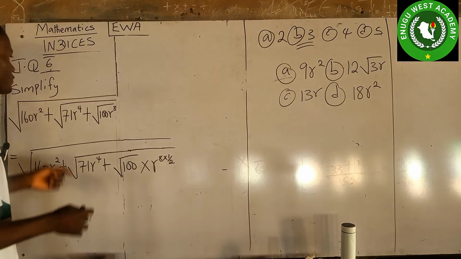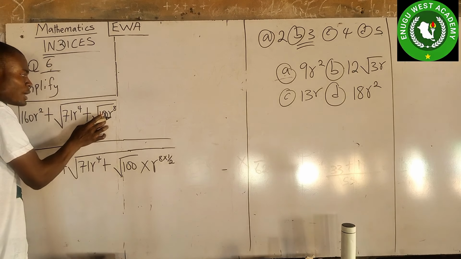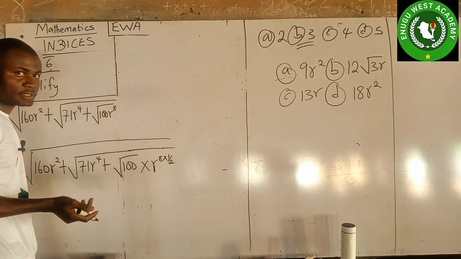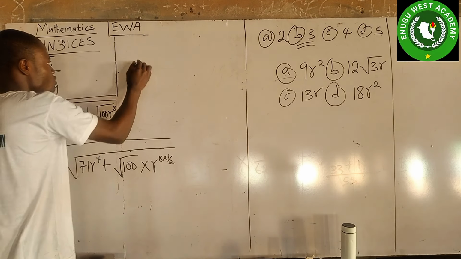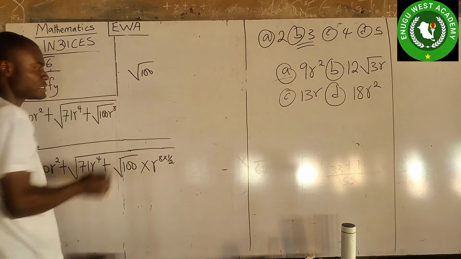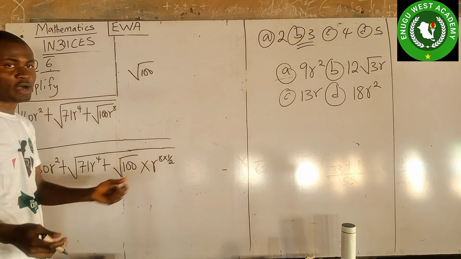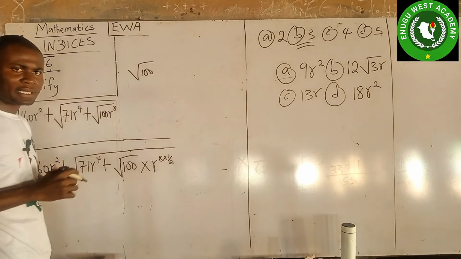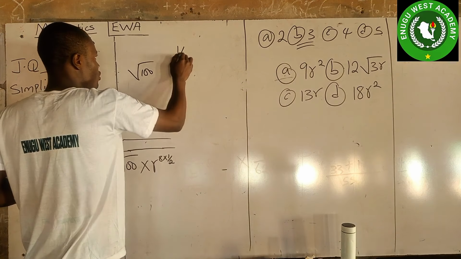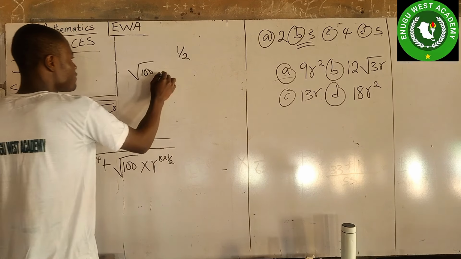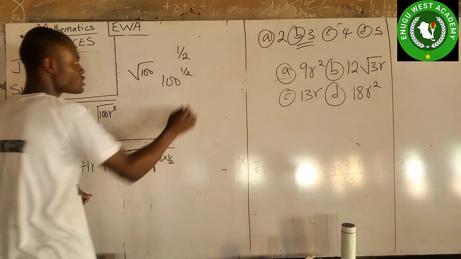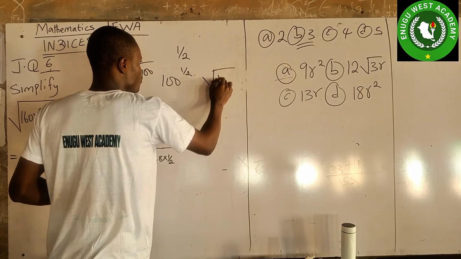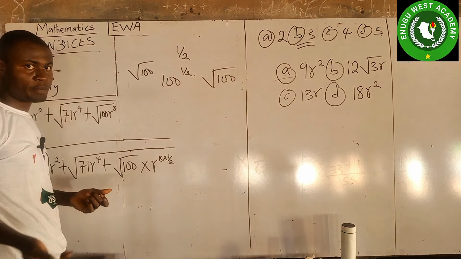Okay. Now, we can do square root of 100, writing square root of 100 like this. Now, if you are going to do it for alphabet, do you remember that square root means 1 over 2? If I have 100 raised to power 1 over 2, it means square root of 100.